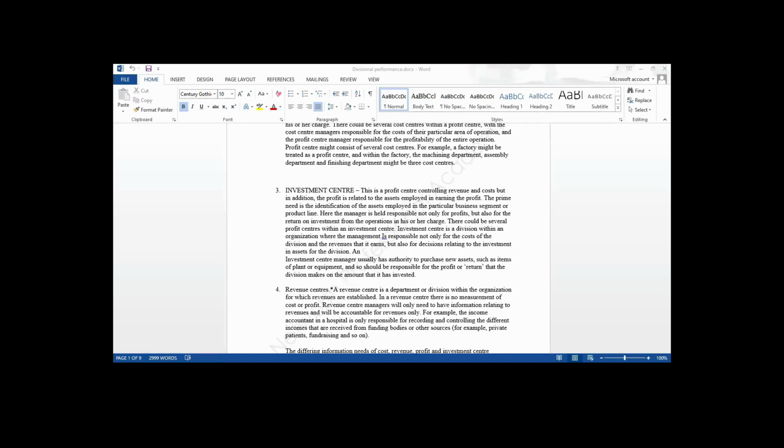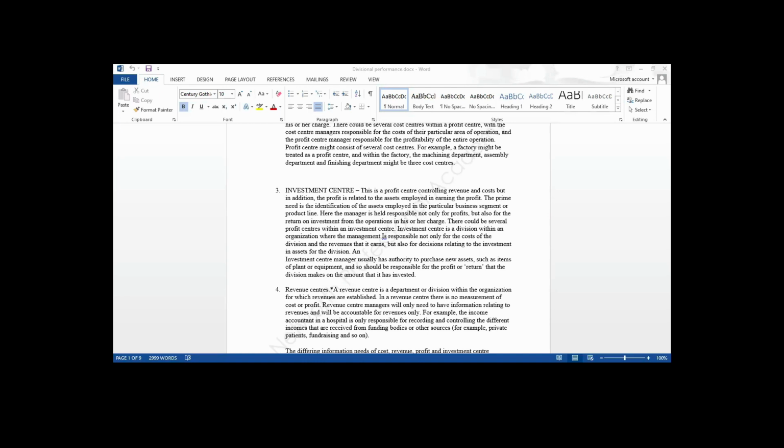The investment center is allowed to generate revenue, to incur costs. At the same time, it is allowed to make investments in fixed assets.